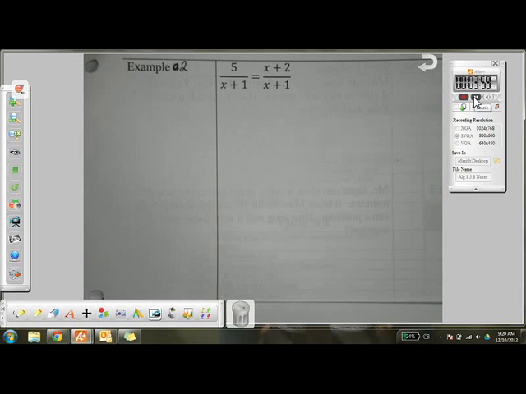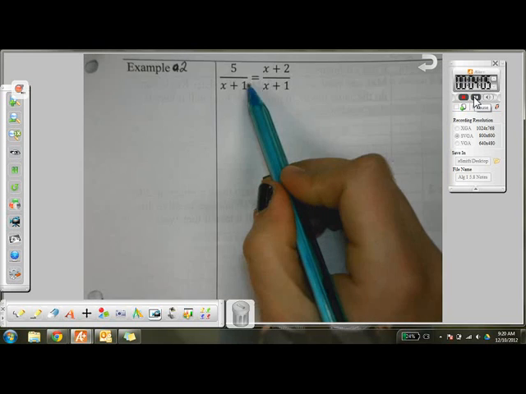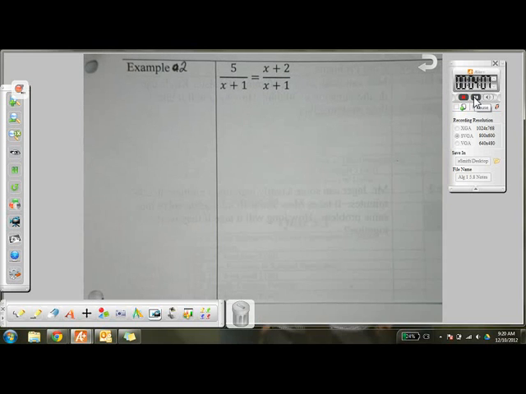Alright, ladies and gentlemen, number 2, I have 5 over x plus 1 equals x plus 2 over x plus 1.